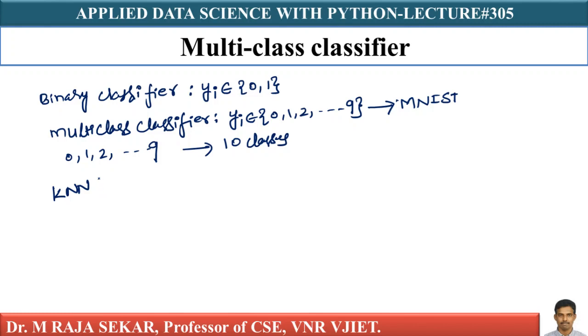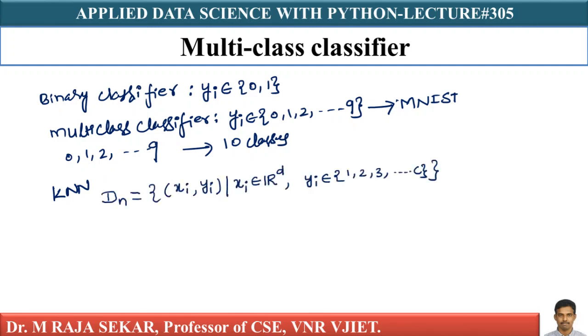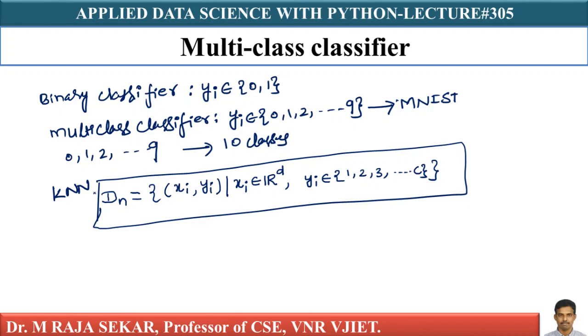For example, imagine, let me assume my data set is, let me say, Dn. Dn equal to {(xi, yi)} such that xi belongs to Rd, and yi belongs to 1, 2, so on up to C. This is a data set Dn.